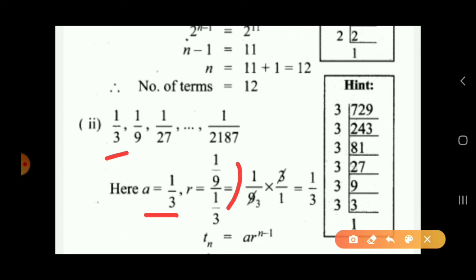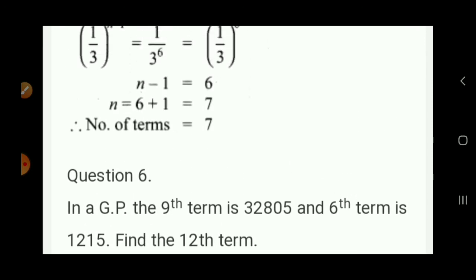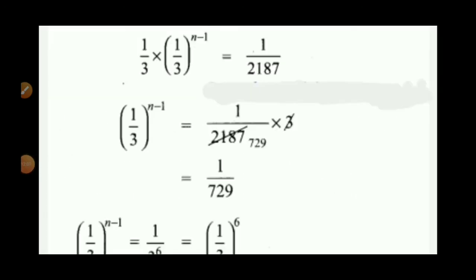Now we can use the Tn formula with 729. See the next steps. A is 1 by 3 and R is 1 by 3.